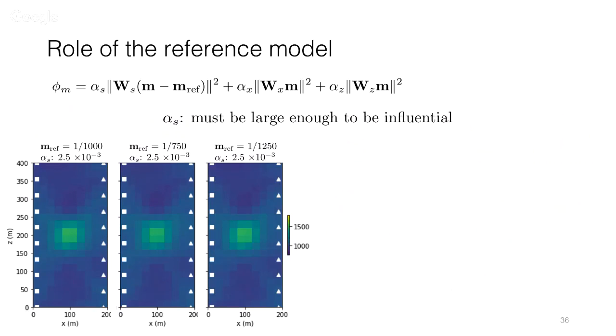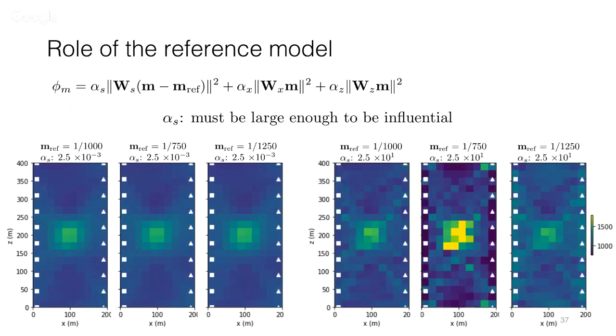If we make this larger and more important, then we should start to see models that go back to the reference model. And we can see what happens here. That tends to do this. So this is the true reference model. This is one that's really too low. Now it's really trying to compensate for that.